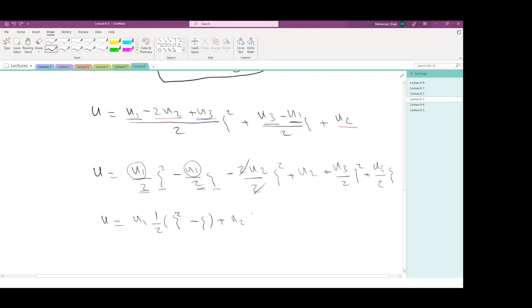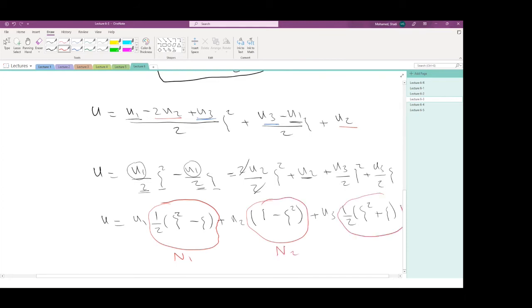I've canceled the half. So I have u2 multiplied by 1, and then this is minus xi squared. And then I have u3 multiplied by half multiplied by xi squared added to xi. So this is going to be my first shape function. This is my second shape function. And this is the third shape function.